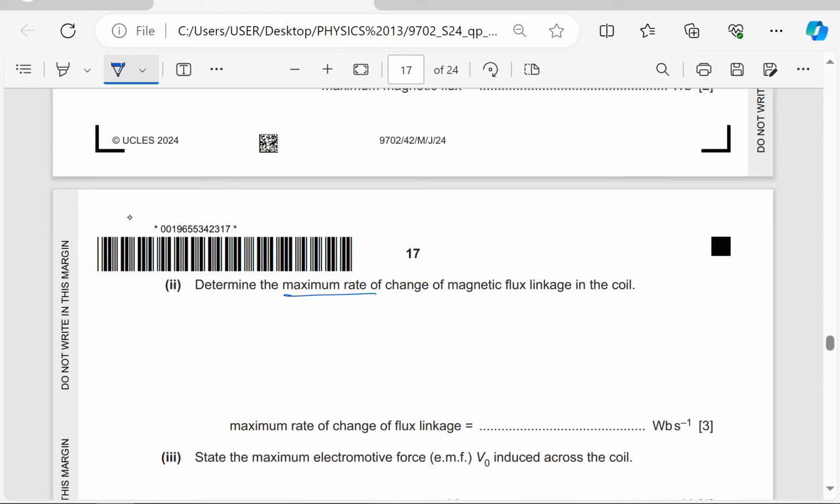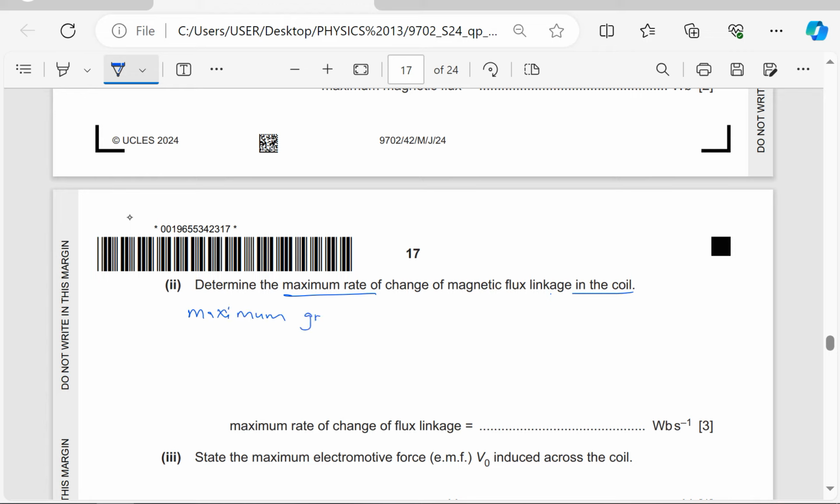So we have to look for the maximum gradient from the graph, because the maximum rate of change for the whole coil must be the gradient times the number of turns times the area, because the gradient is just going to give us the rate of change in B. So let's first find the maximum gradient.